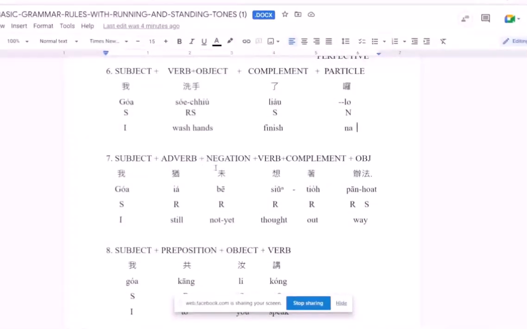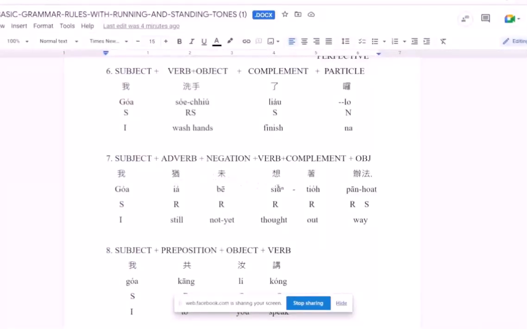Now we have subject, adverb, negation, verb, complement, and object. Now this is a much more complex sentence to demonstrate, but this is a very good example of how a sentence involves a majority of running tone and then only a few standing tones. And we will also further break this down to show how the tones change drastically.